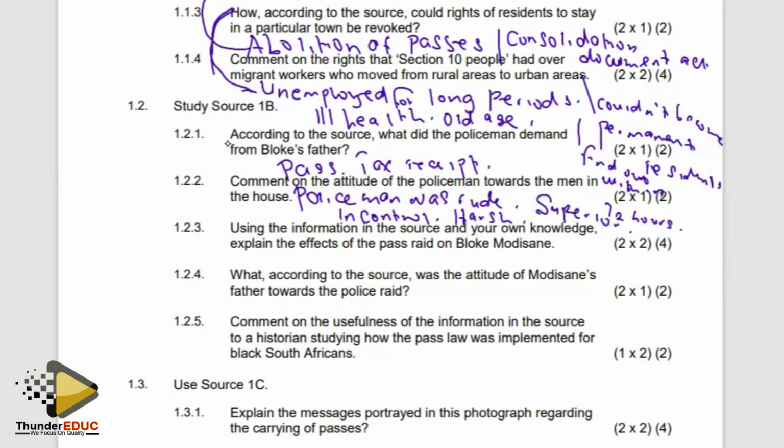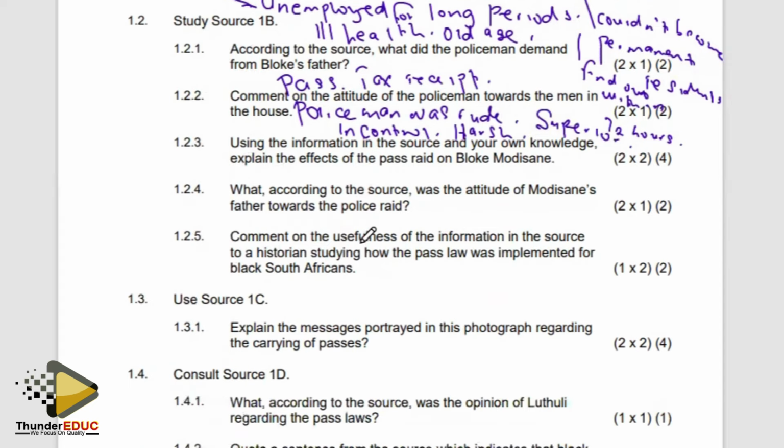Using the information in the source and your own knowledge, explain the effects of the pass raid on Blok Modisane. The effects were that Blok Modisane did not see his father as a hero anymore.